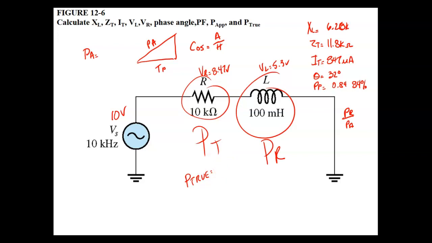Now, if we've got apparent power, we could use trig to solve for the other side. But if you've got VR and you've got VL, then all you got to do is take that current and multiply it by that voltage, and that's going to give you the power. So resistive power is true power. Reactive power is that power that's being produced by that inductor.